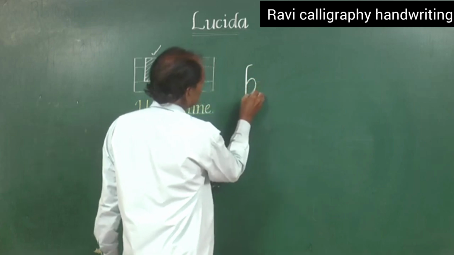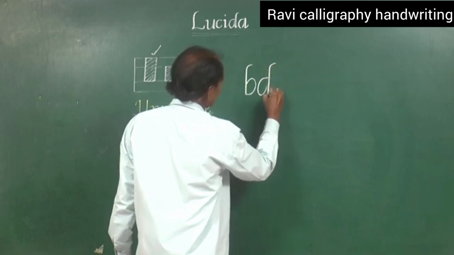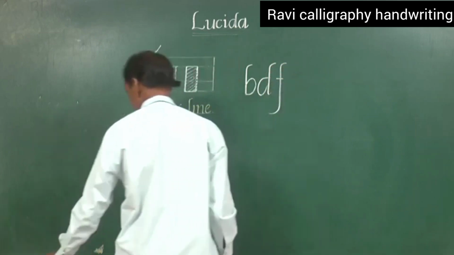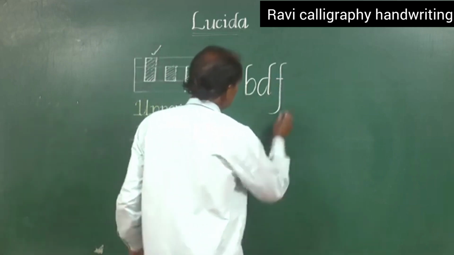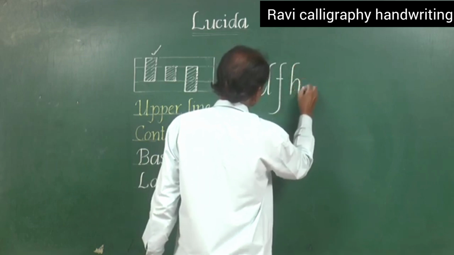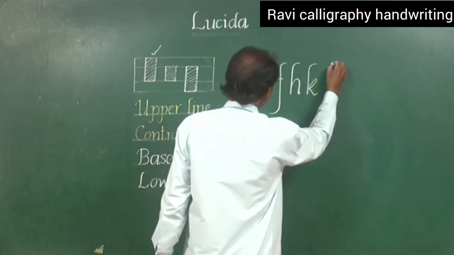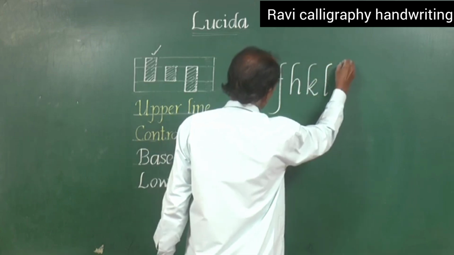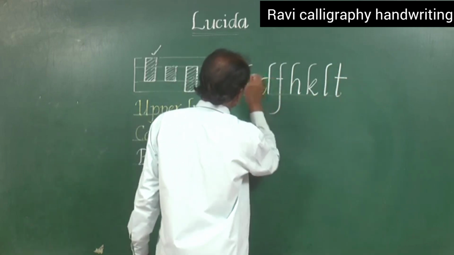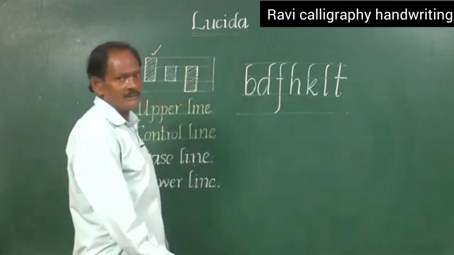This is the letter B, this is the letter D, this is the letter F, this is the letter H, this is the letter K, L and T. Even on plain surface, when these letters are written, the zones will be maintained perfectly.